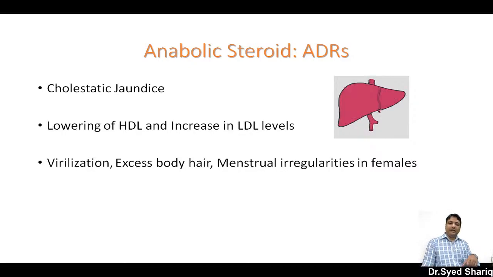So in females, it might cause some virilization, and definitely they will cause salt and water retention, and lead to edema, which might not be a good thing in athletes, and therefore in athletes it's not a very good idea to take anabolic steroids.